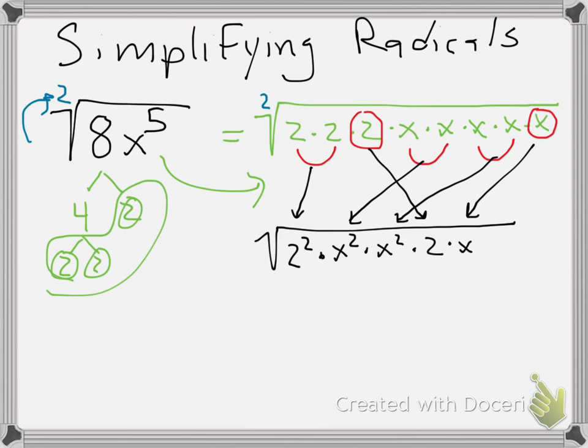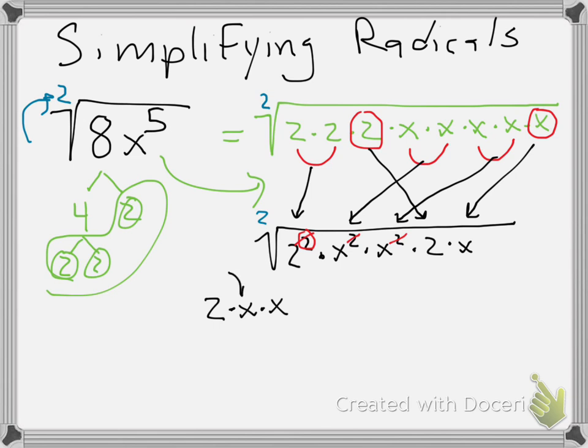Remember from the last time we did this, this is a square root, so anything that has a 2, or a square, is going to simplify with this 2 here. So we have this one, this one, and this one, so these 3 would come out. That would be our 2, our x, and our x.